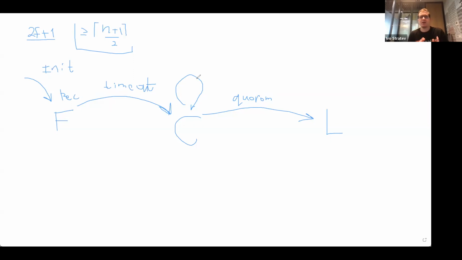So as I said, the key idea here is a term, and a term is just a monotonically increasing integer value, which starts from 0 and just goes up. So this is a monotonically increasing sequence.